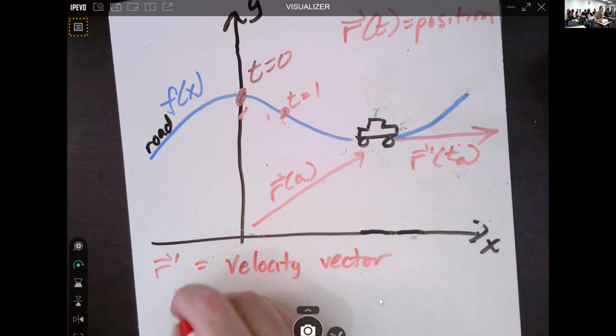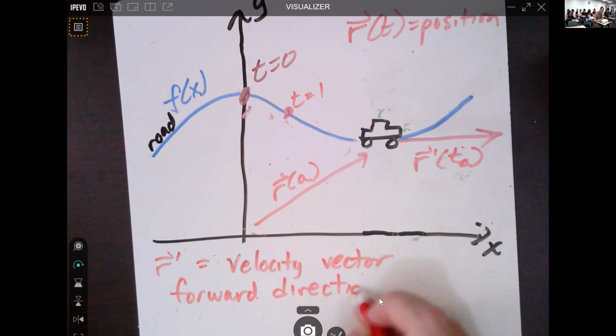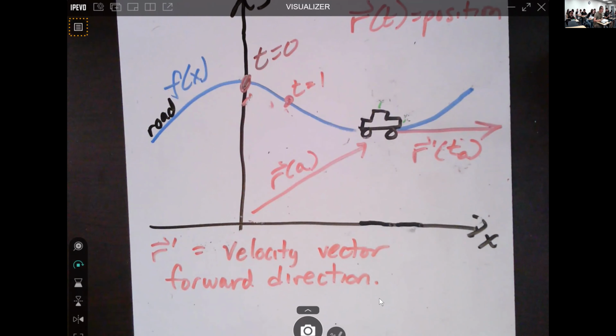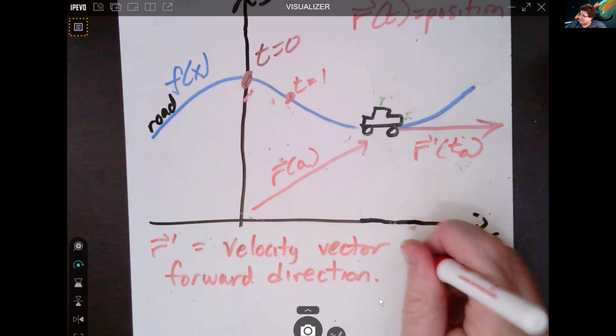It gives us our forward direction. So we'll call it V.